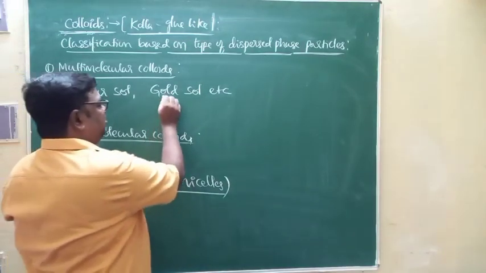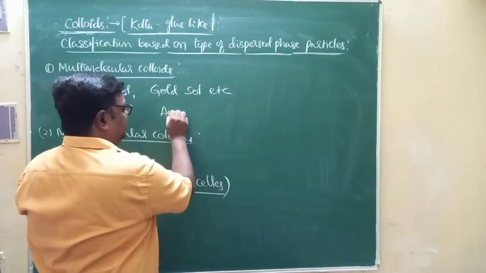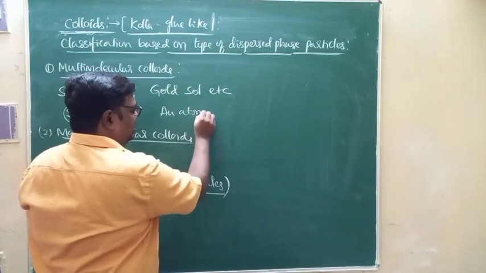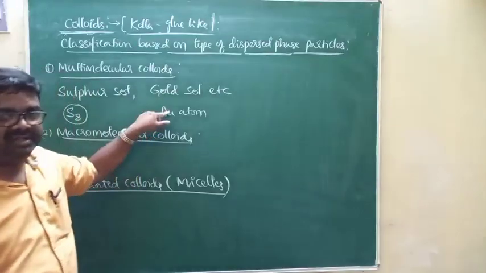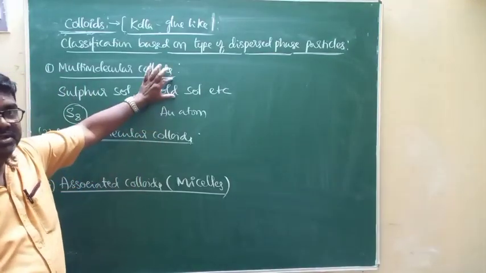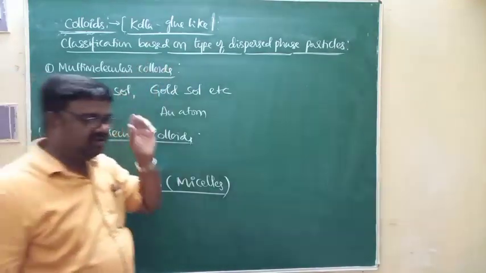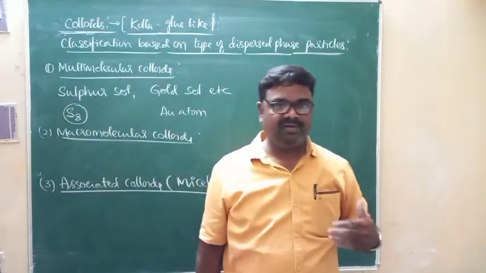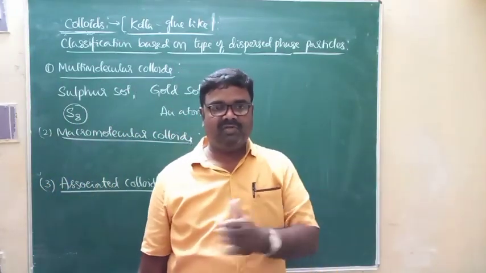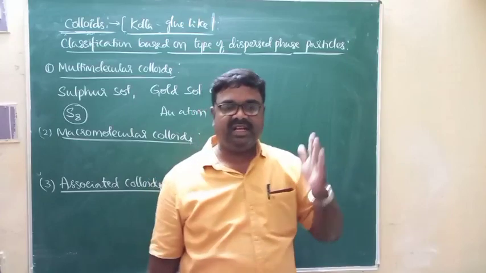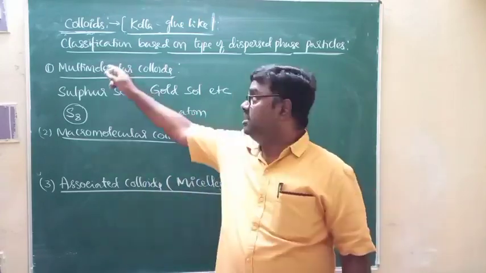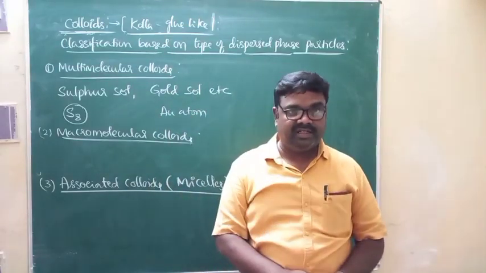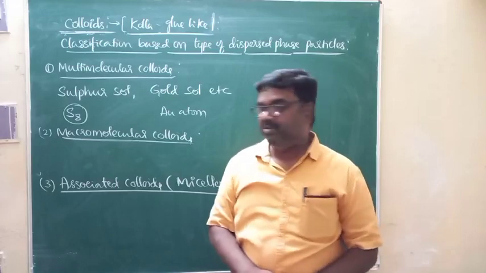As far as gold sol is concerned, it is produced by the aggregation of a large number of gold atoms. That is what we call gold sol. Like that, the colloids formed by the aggregation of a large number of small atoms or molecules having a size less than 1 nanometer are called multimolecular colloids.